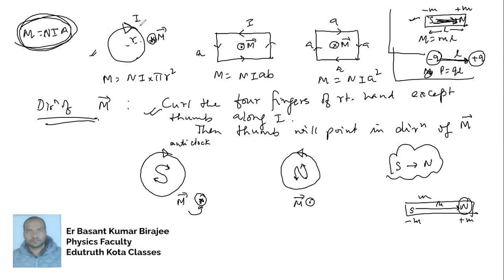We curl four fingers along the current, then the thumb gives the direction of the magnetic moment, and the thumb is pointing inward. In a bar magnet, the magnetic moment is from south pole to north pole. Here the magnetic moment is perpendicular to the plane and inward, which means the inner side has a north pole and the outer side has a south pole.